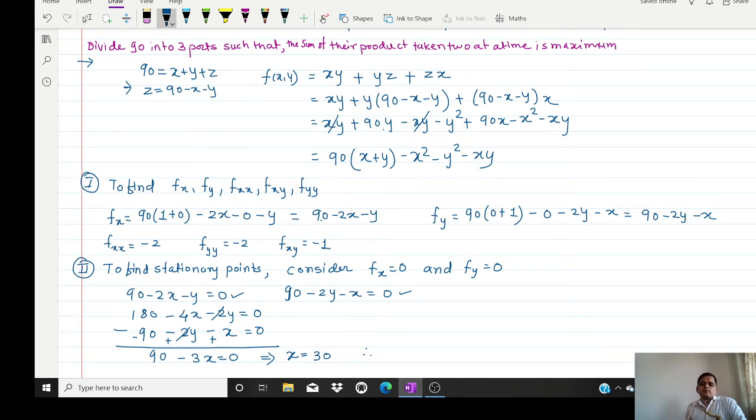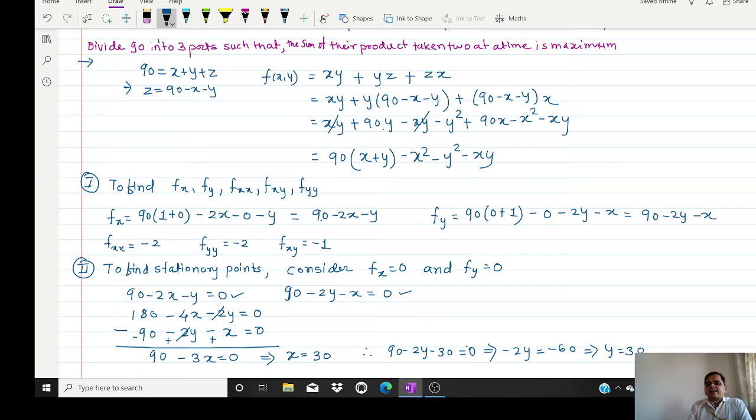Therefore, what will be the value of y? It's simple. You substitute that value in 90 minus 2y minus x, that is 30. So this is equal to 0, which implies 90 minus 30 is 60. Hence we have minus 2y is equal to minus 60, which gives me y equals 30.